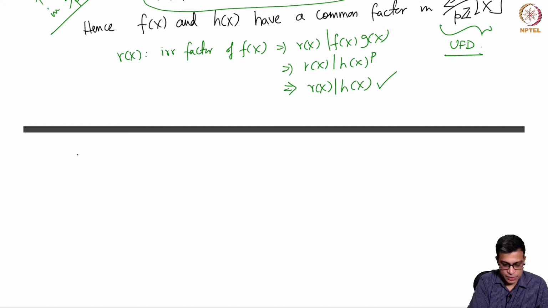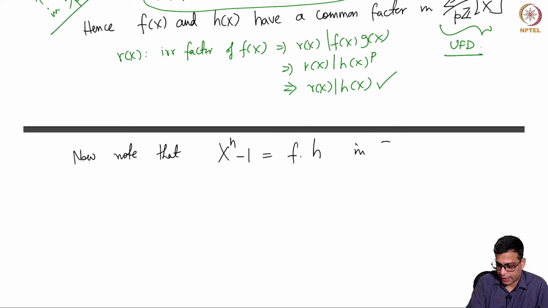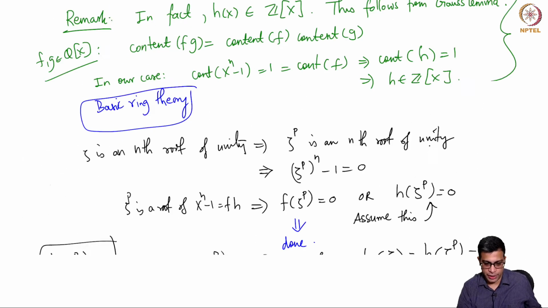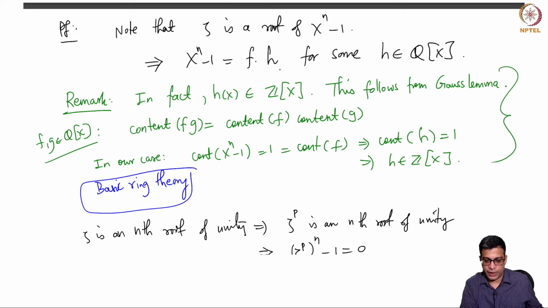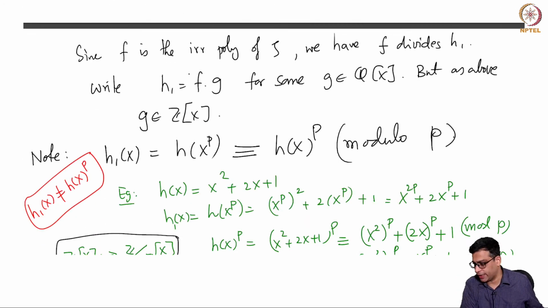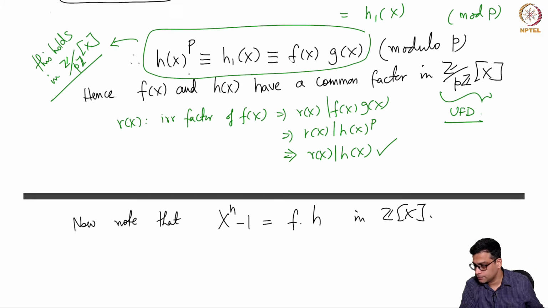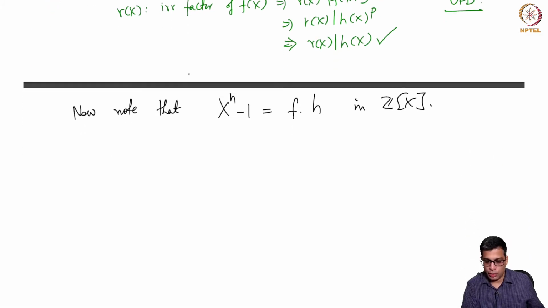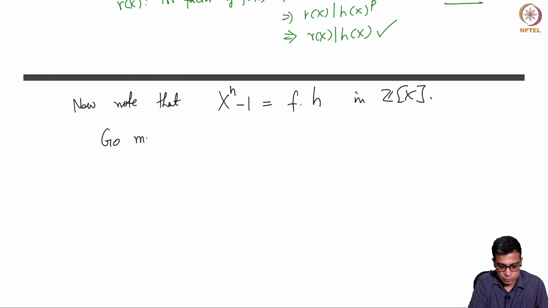Now what we have is, now note that x^n minus 1 is equal to f times h in Z[x]. This is something that we had originally written, right? x^n minus 1 is f times h in Z[x]. Now go modulo p.